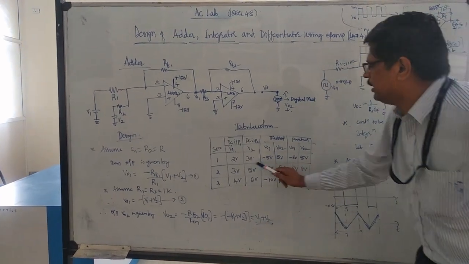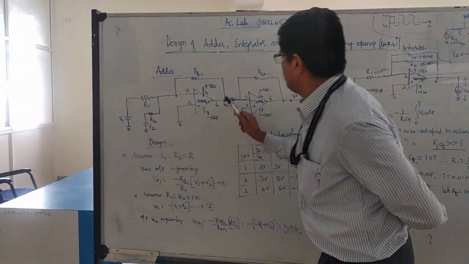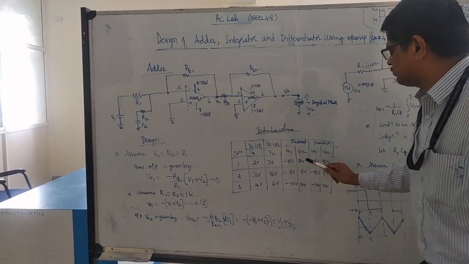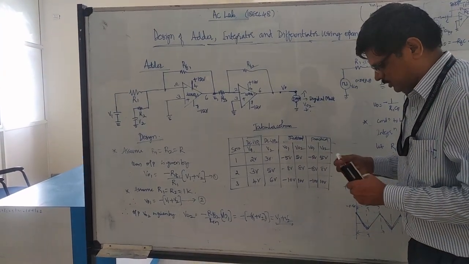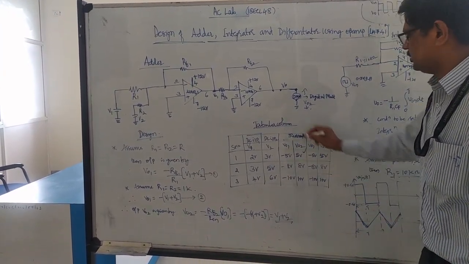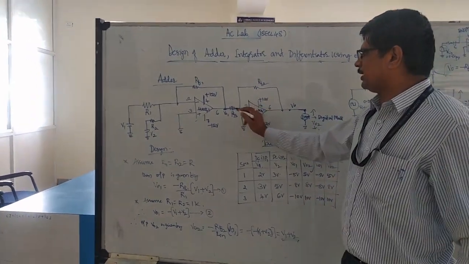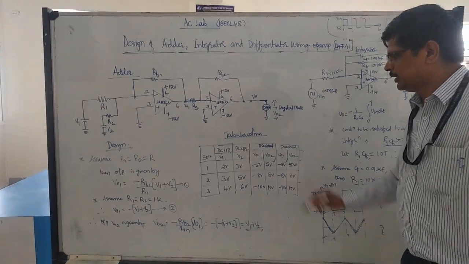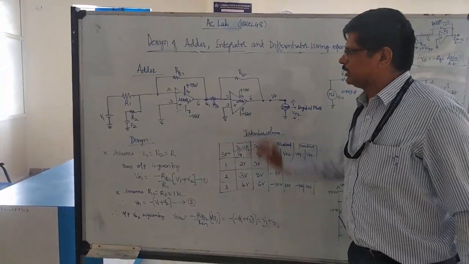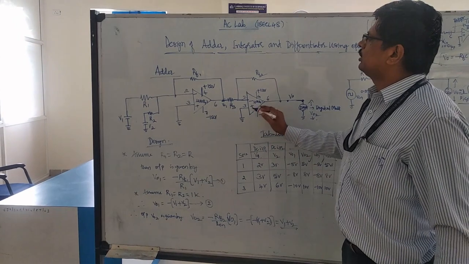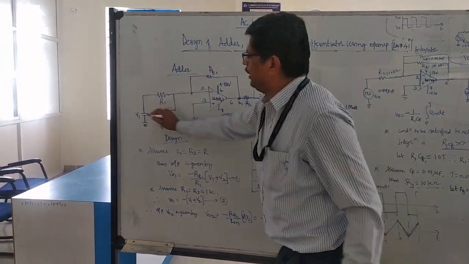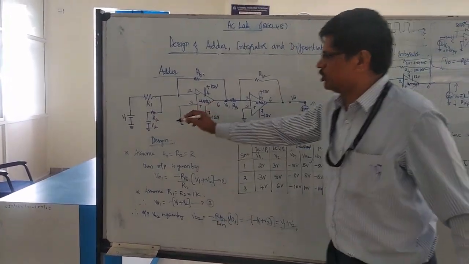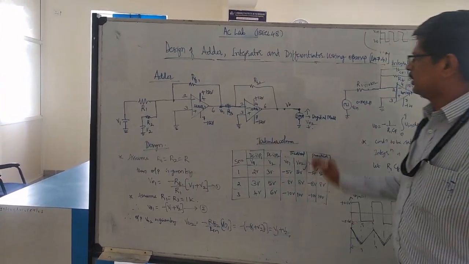If 2 plus 3 gives minus 5 volts, then minus of minus 5 volts is plus 5 volts. That is how you get plus 5 volts. That is the theoretical value; practically, you measure at this point and you get the same, minus 5 and plus 5. You do the same two more times. That is how the op-amp works as an adder, adding 2 inputs or 3 inputs here.